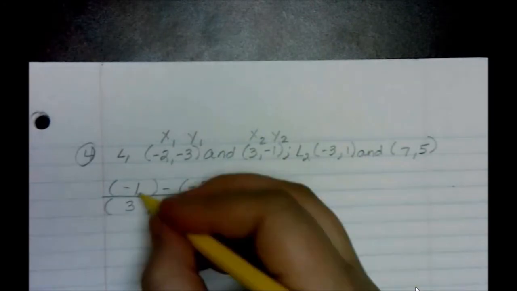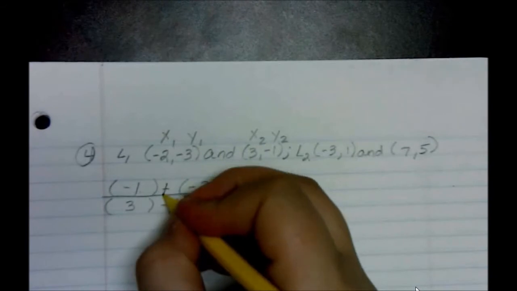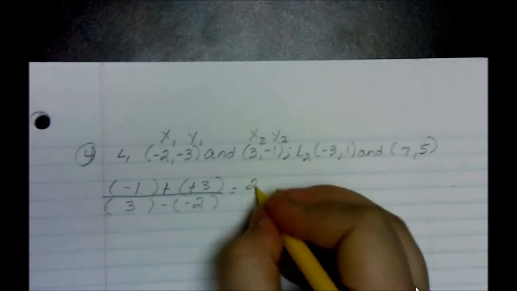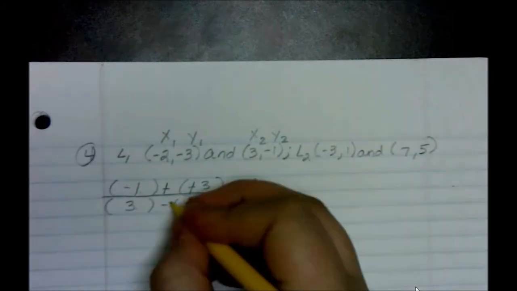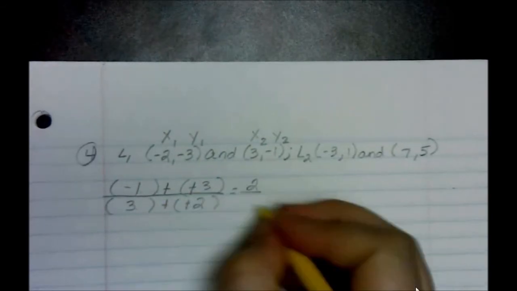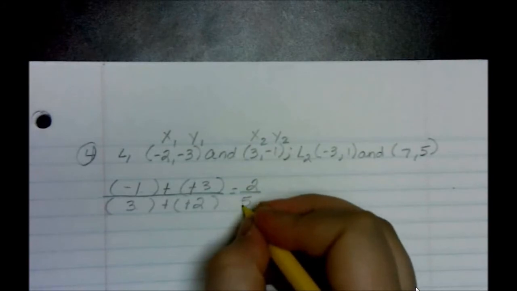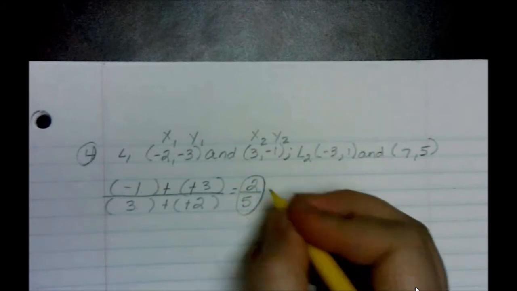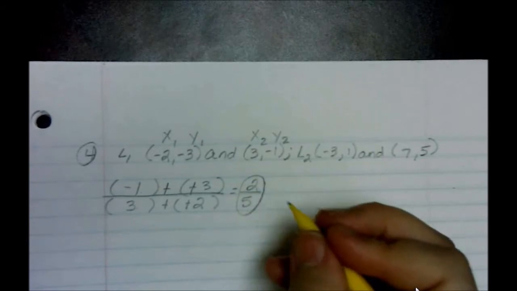So keep, change, opposite. -1 plus 3 is 2. Keep, change, opposite. 3 plus 2 is 5. So my first slope is 2/5.